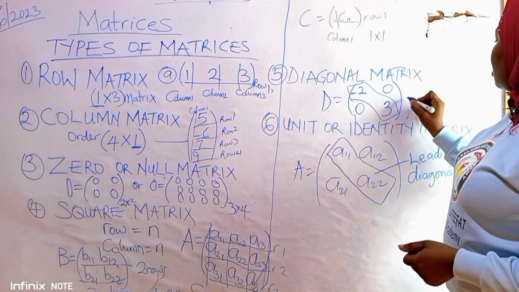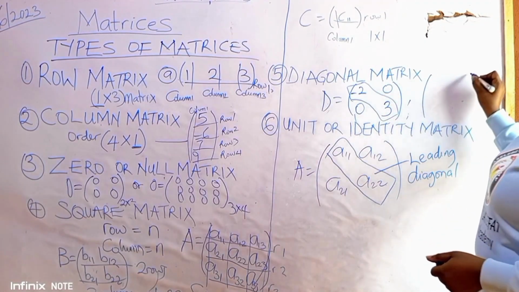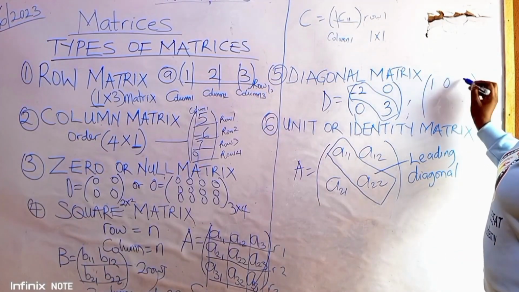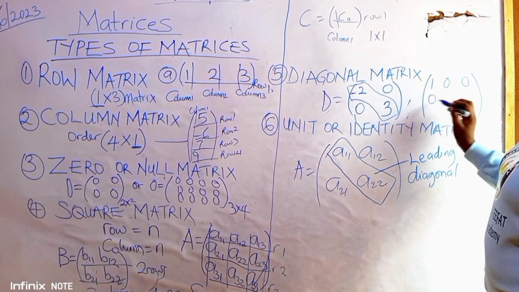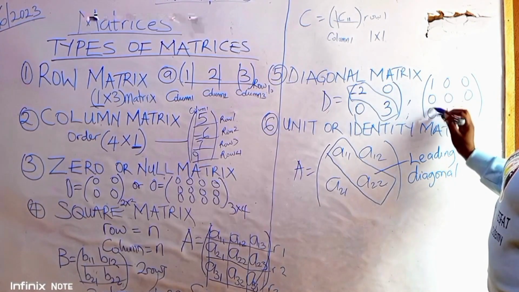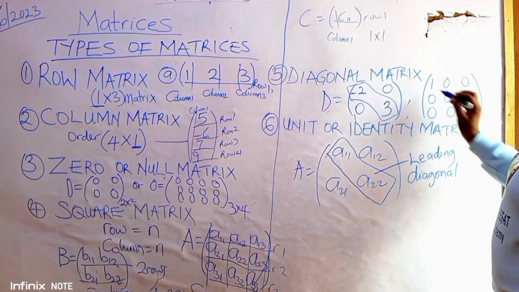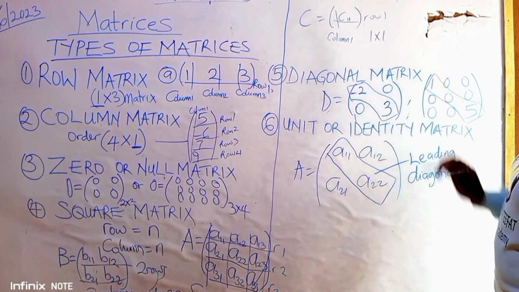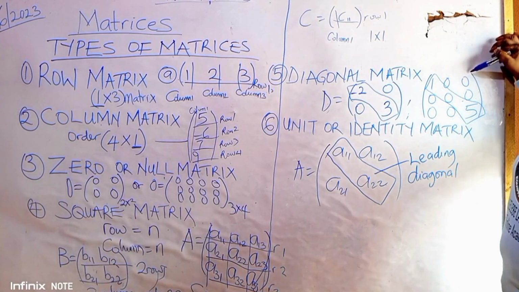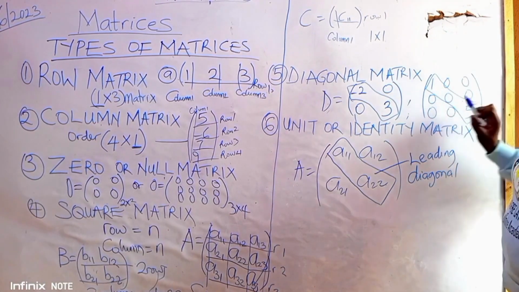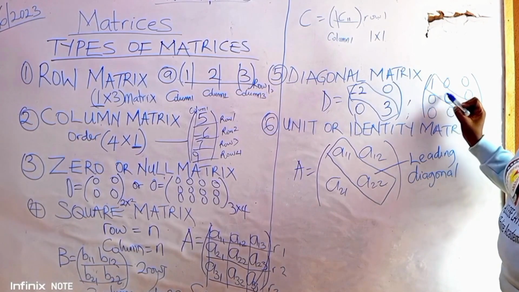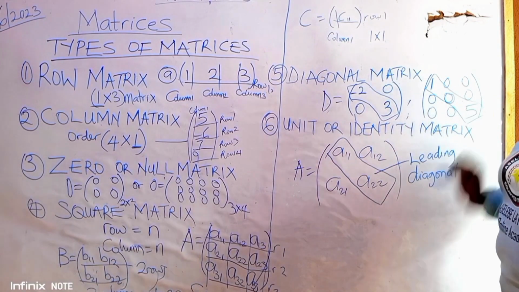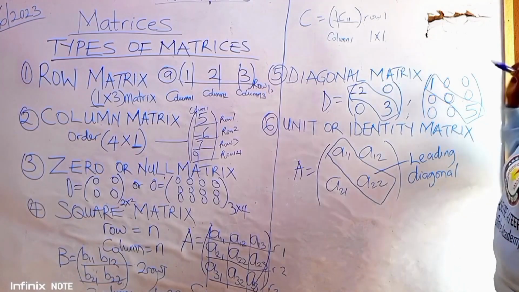So another one, let's say we have matrix 1, 0, 0, 0, 0, 0, 0, 0, 5. So here is the leading diagonal. So this is also a diagonal matrix. It doesn't matter about this 0 here, inasmuch as every other number is not 0. So it's a diagonal matrix.